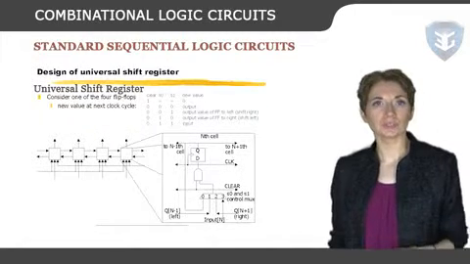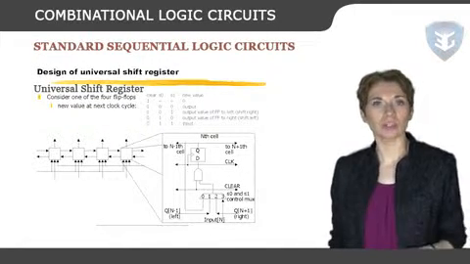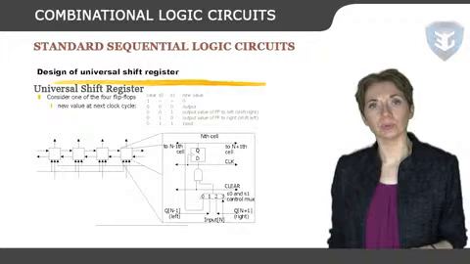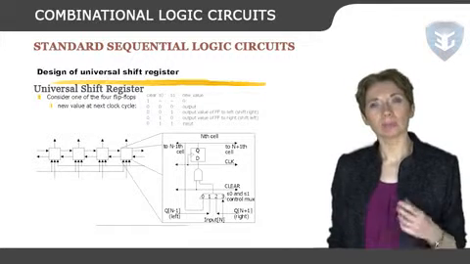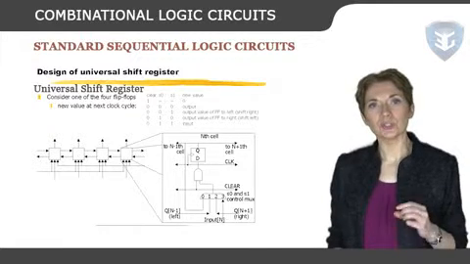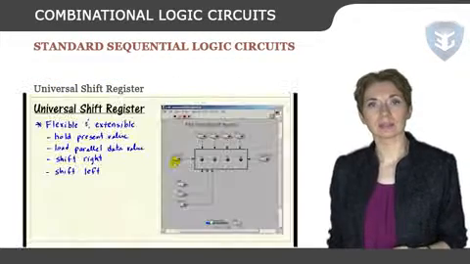These universal shift registers can perform any combination of parallel and serial input to output operations, but require additional inputs to specify the desired function and to preload and reset the device.